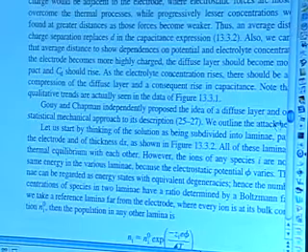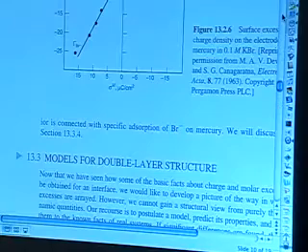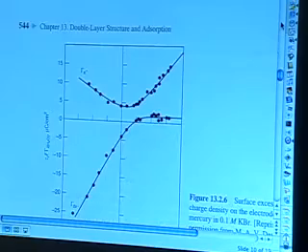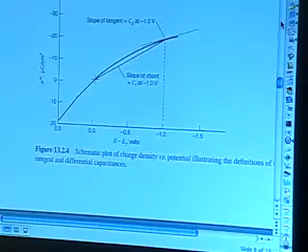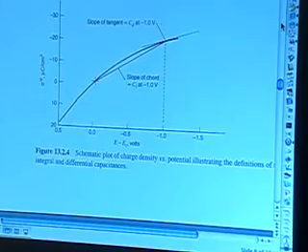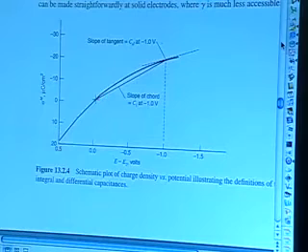Let me see if I have a picture of that. Now, all you need to do is remember it looked something like that, right? The slopes of these things are obviously not constant as a function of electrode potential.